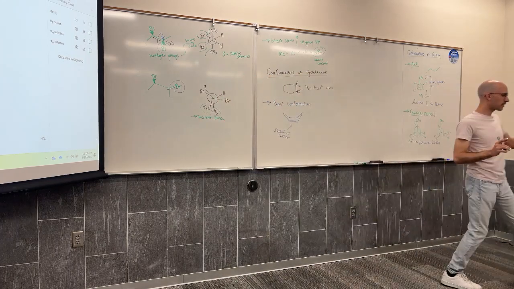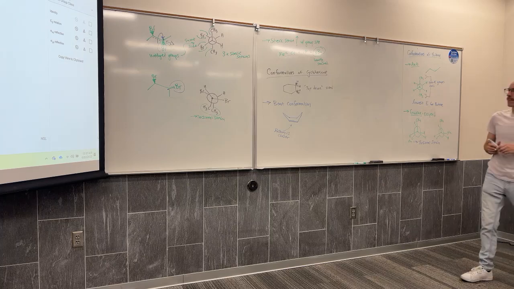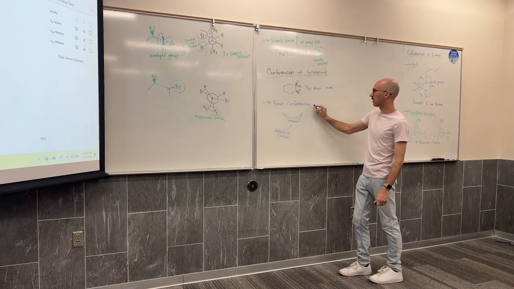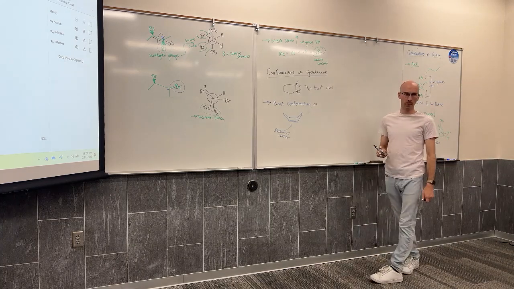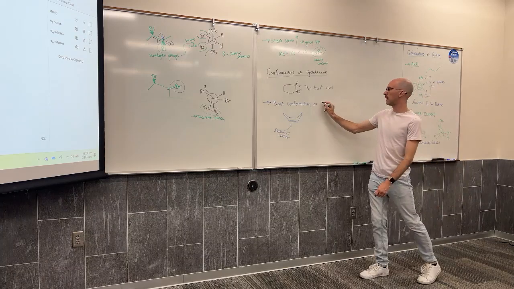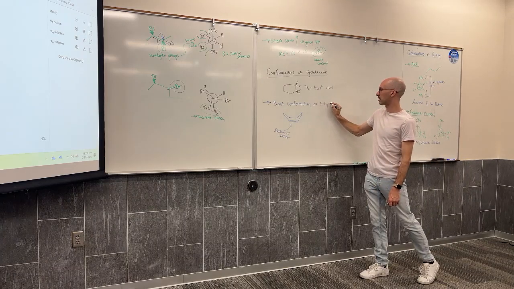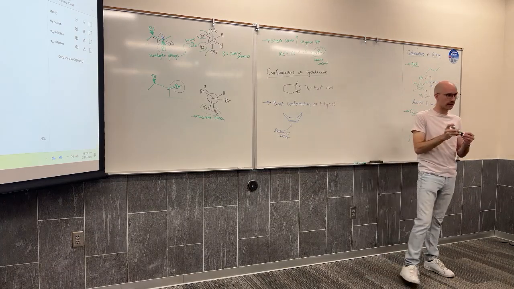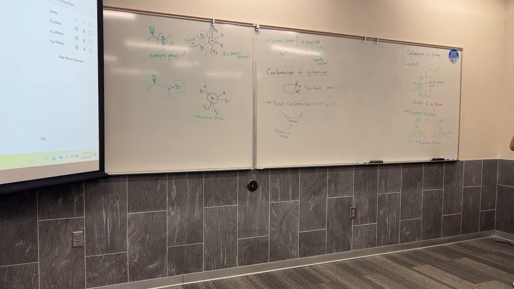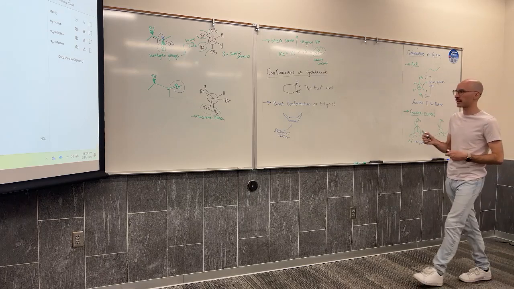Now the boat conformation is approximately equal to an eclipsed conformation in a linear chain. And actually we can take a Newman projection to show some of those similarities.